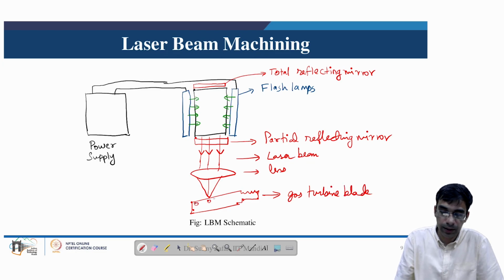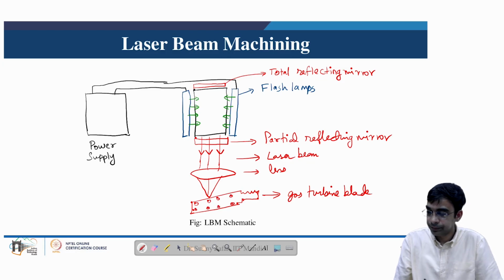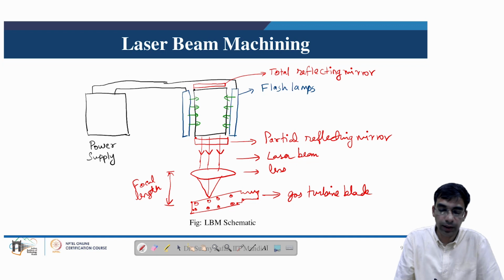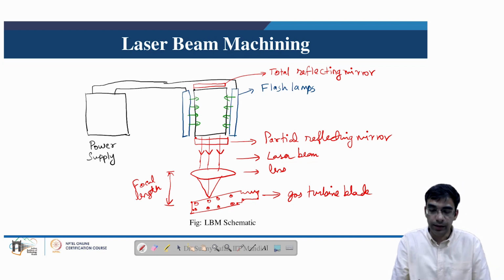So it may be creating these film cooling holes. And of course the distance between the lens and the workpiece is known as the focal length. By adjusting the focal length we can adjust the spot diameter and the power at that spot, to have variation in the machining performance.